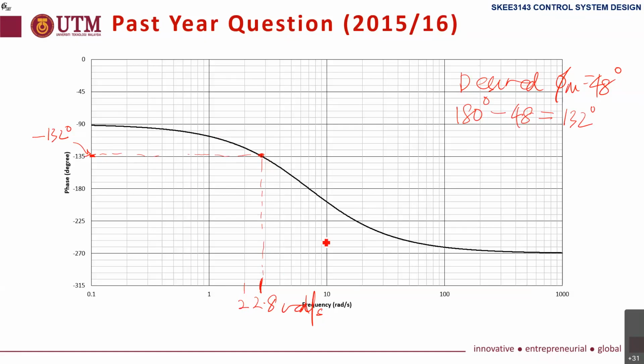Then this is the phase margin that we want, here. 180 minus 132, then we get phase margin 48 degrees.